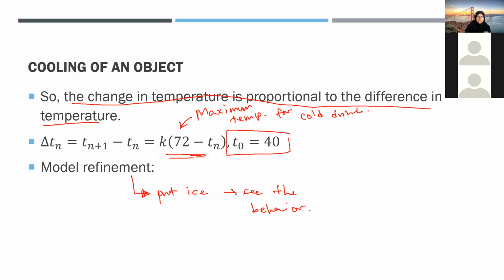Tapi macam mana polis dapat detect yang dia dibunuh di tempat yang berlainan. Sama juga kalau kita pasang aircon, dia akan merubah time frame tu. Dia tak lagi sama macam biasa. Contoh je lah. Itu yang paling mudah.